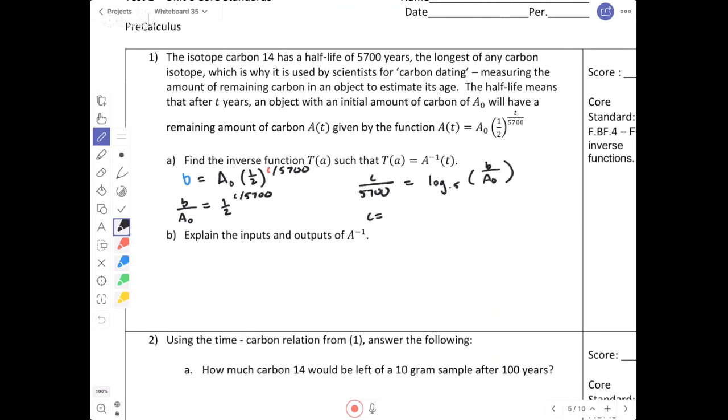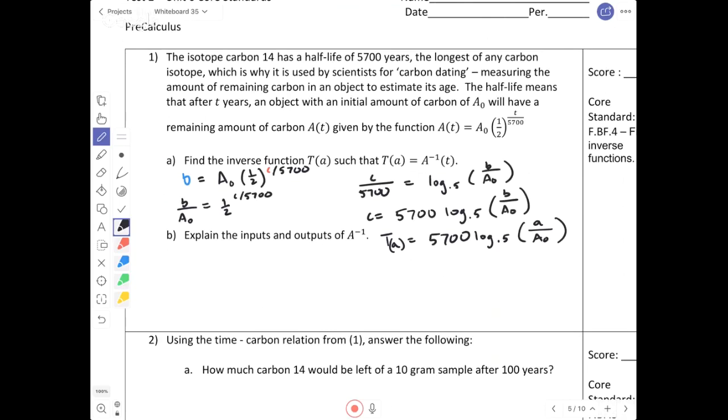And then c equals 5,700 times log base 0.5 of B over A naught. Which, when I put it in some form T of A, T of A equals 5,700 log base 0.5 of A over A naught.